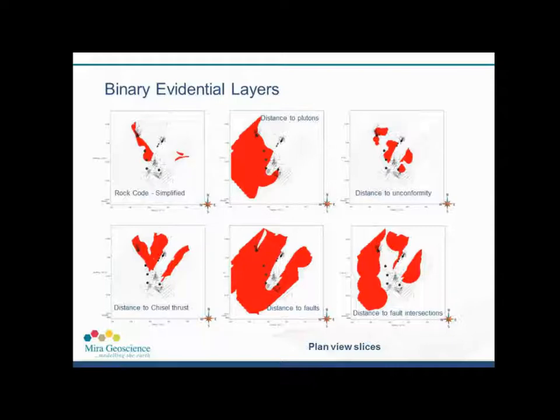And then these big broad zones, because there was a weak spatial relationship determined, are going to have associated lower weights. So if we input this into the model, it's going to come with a low weight. It won't be very influential. But things like distance to unconformity, which turned out to be relevant spatially with respect to known mineralization, are going to come with a higher weight.